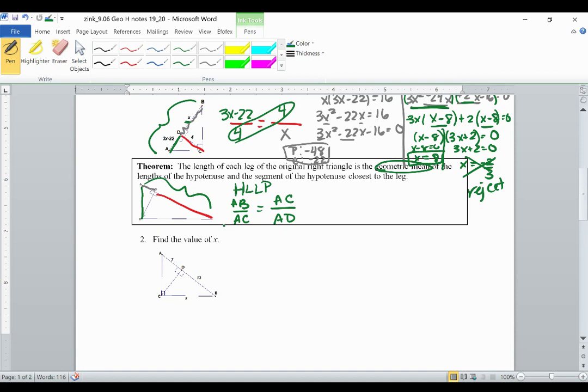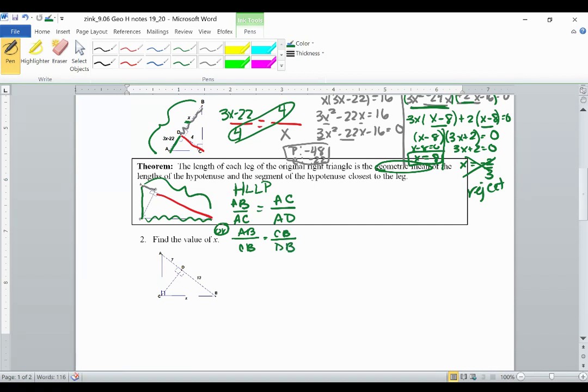And you could have done it for the other side. You could have said AB is still the hypotenuse. We could have used the other side, which is CB, and that would repeat. The red one would be closer. If we were talking about CB here, the red side would be closer to that as opposed to the gray side. So that would be DB on that one.